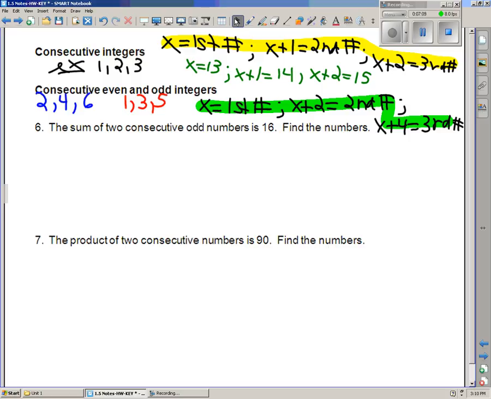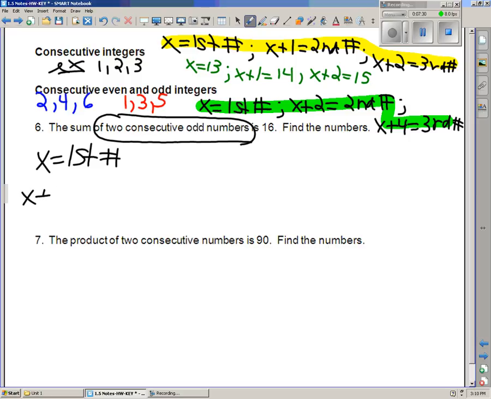So if we actually do a word problem that talks about the sum of two consecutive odd numbers is 16, find the numbers, you need to create a let statement, and that would look like this. We're only needing two numbers that are consecutive and they're odd. Well, consecutive odds start off as x being the first unknown, x plus 2 being the second unknown, and it says the sum of those numbers is 16.